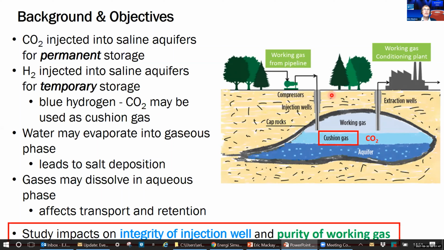Associated with that will be the need to store any produced hydrogen, but there's also a byproduct of carbon dioxide, which will also need to be in some way dealt with. And one question that is being addressed in this work by Gang Wang is whether CO2 can be used as a cushion gas. So we'll look at the implications of that.